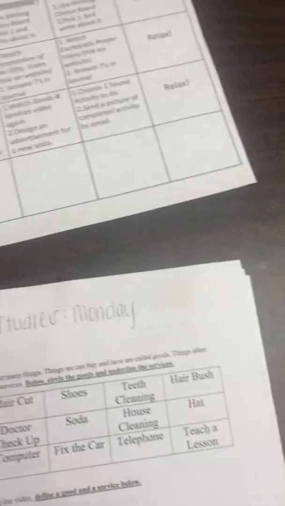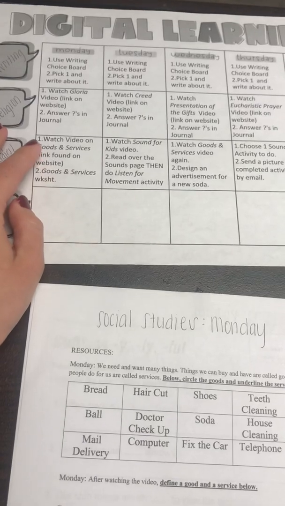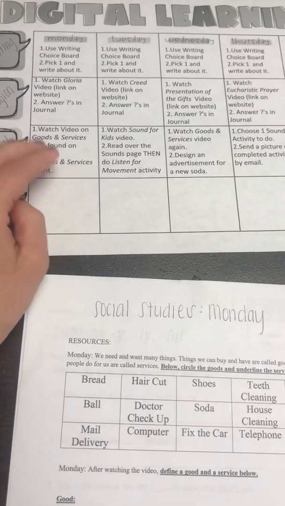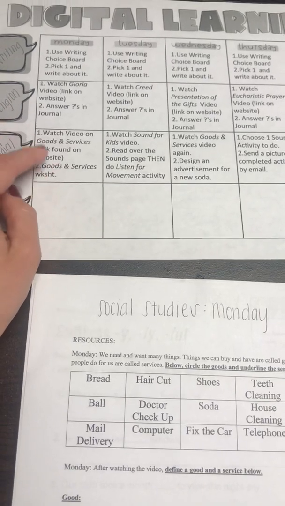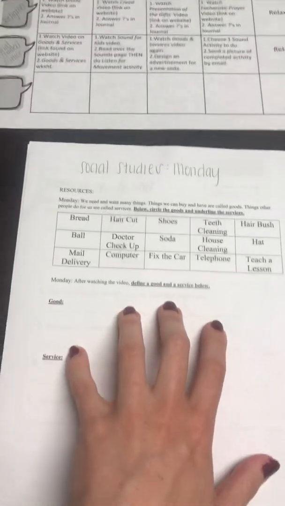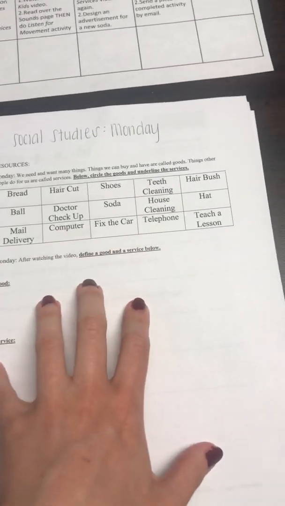So then for social studies, let's take a look at that. You guys will be watching a video about goods and services on the Social Studies Science webpage, and then you'll be completing this worksheet.